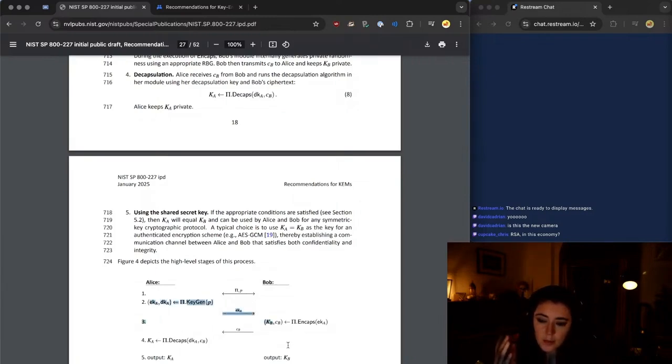This protocol is very simple, but the simplicity also means that almost the entirety of what this shared secret gives you is almost entirely dependent on the properties of the scheme, the KEM itself, Pi.